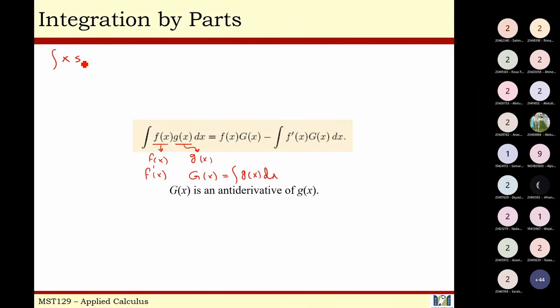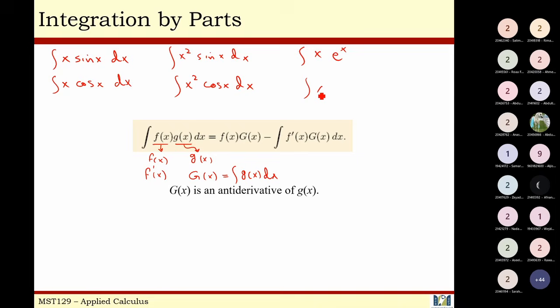if we have x sine x dx, because the derivative of x is 1, we cannot remove the x outside, or x cosine x, or for example x squared sine x, or x squared cosine x, or x e to the x, or x squared e to the x, like this, or x ln x dx.